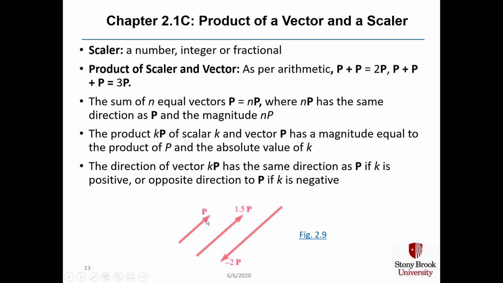We multiply by 1.5, and the length of the arrow gets 1.5 times greater, and it's still in the same direction as the original vector p. And here's the vector minus 2 times p, and that vector is twice the length of the original vector p, but it's pointed now in exactly the opposite direction.